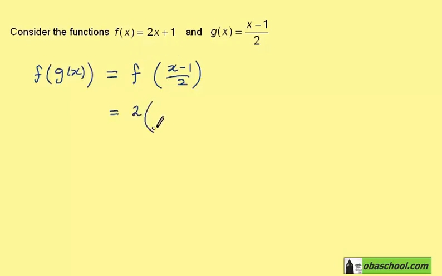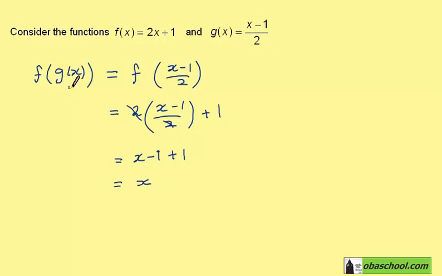So we're going to get 2 times (x minus 1) over 2, plus 1. The 2's here cancel, so we get x minus 1 plus 1, which is just x.